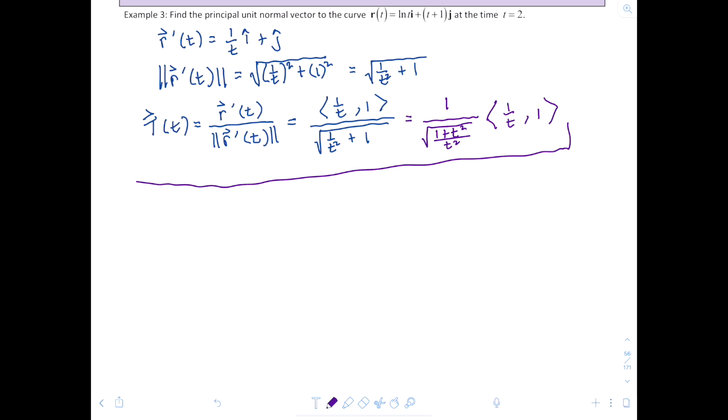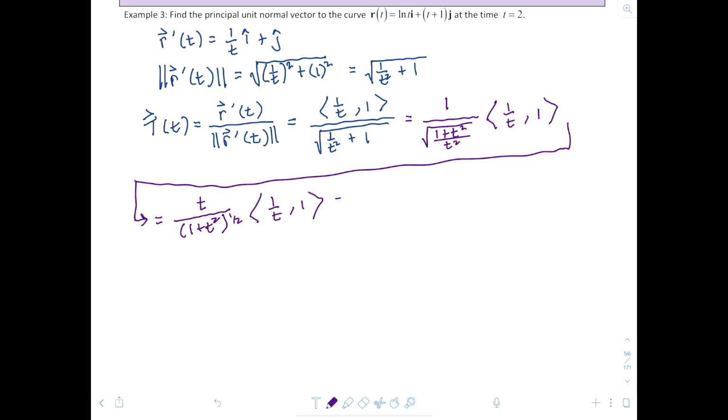That's going to give me t over (1 plus t squared) to the 1/2 times 1 over t, 1.